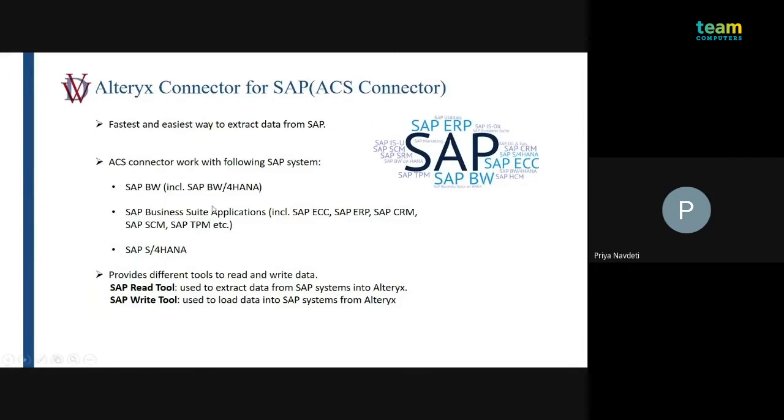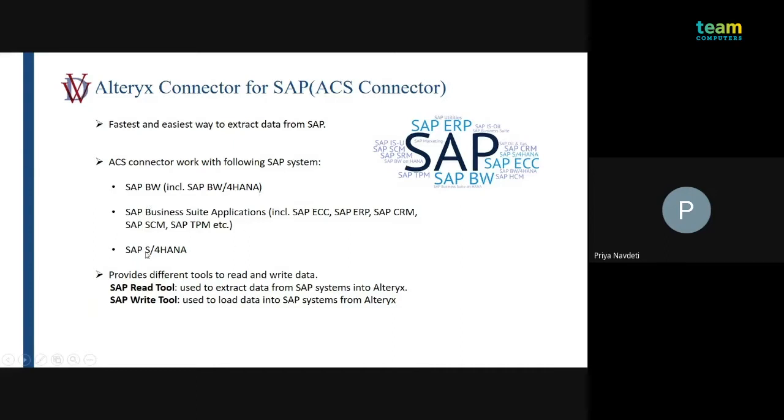The SAP ACS connector works with the following SAP systems: SAP BW, which is nothing but business warehouse, SAP HANA, SAP Business Suite applications, which include SAP ECC, ERP, CRM, SCM, and TPM systems, and then SAP S/4HANA.